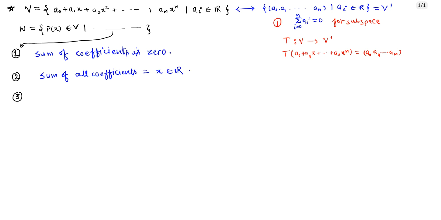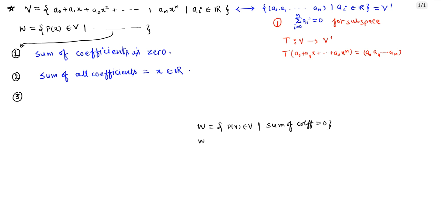Okay. We write a W in which all polynomials up to degree n, all p(x) come from V, and the sum of all coefficients is 0. This is a subspace. The sum of coefficients is equal to 0.